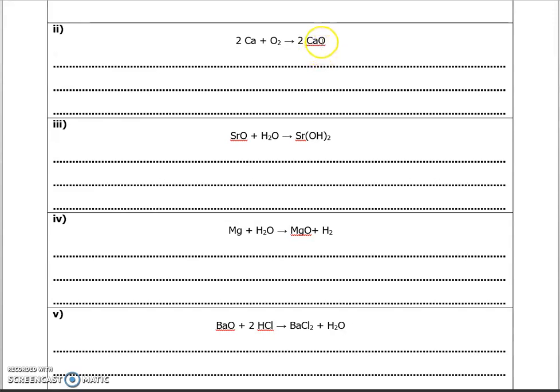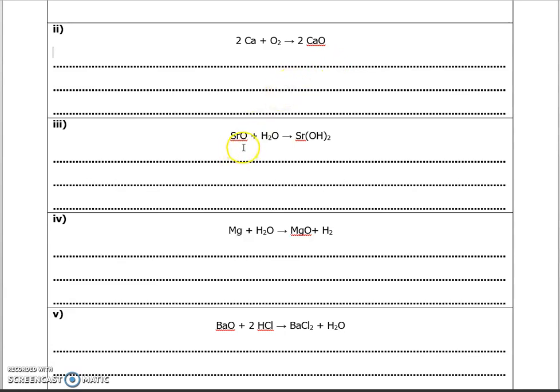So in this case, oxygen, because it's bound to another element, and it's not a peroxide, it's not bound to fluorine, its oxidation number is -2. That means that the oxidation number of calcium is +2, and we know that because it forms 2+ ions as a group 2 metal. So calcium has gone from 0 to +2, been oxidized. Oxygen has gone from 0 to -2, it has been reduced, therefore it's a redox reaction.